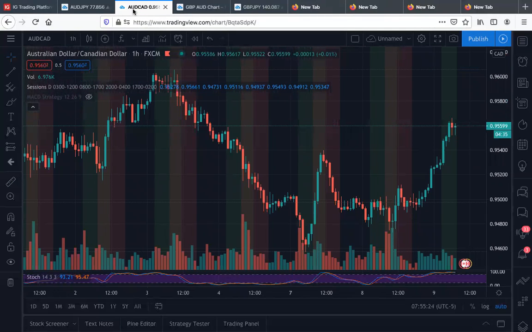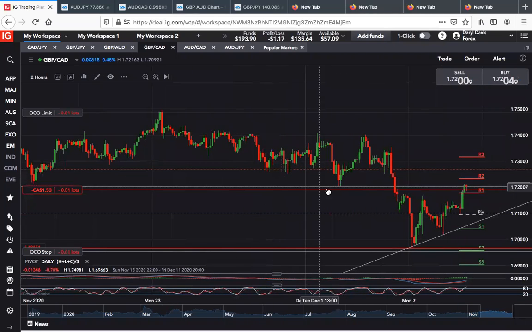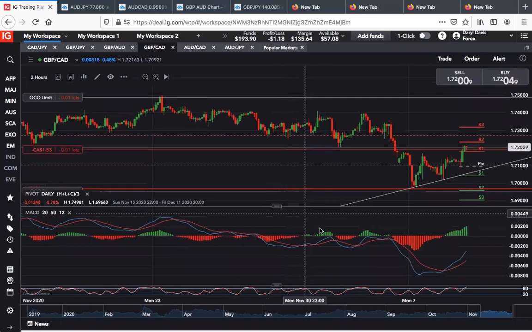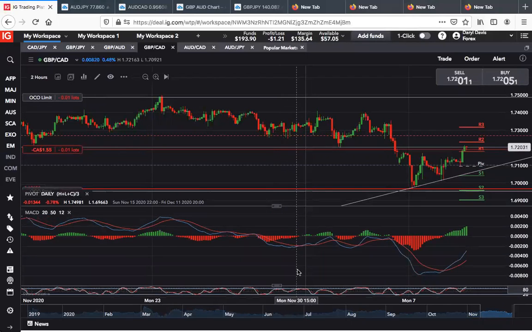AUD CAD. I think we did AUD CAD, or was that GBP CAD? All right, y'all. So this level does look like it's holding. Had to go back because this is the live trade.